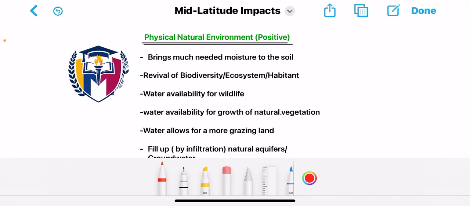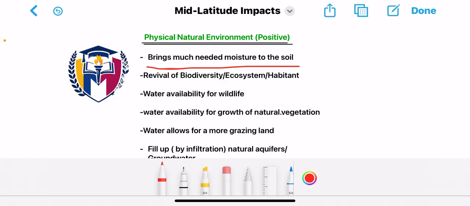Now let us go to the impacts on the physical natural environment, the positive ones. It brings much needed moisture to the soil. Now remember, the rainfall, when there is so much rain, the ground also does what? Begins to infiltrate more water. It begins to absorb. Remember, infiltration, we're speaking about the absorption of water.